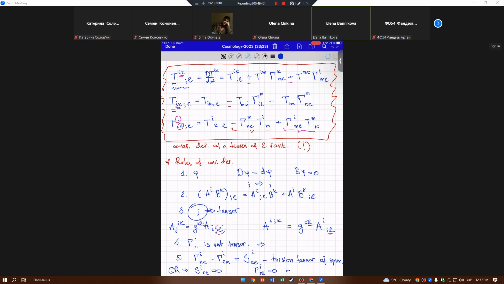But it means that in this reference system, the torsion tensor also will be 0.